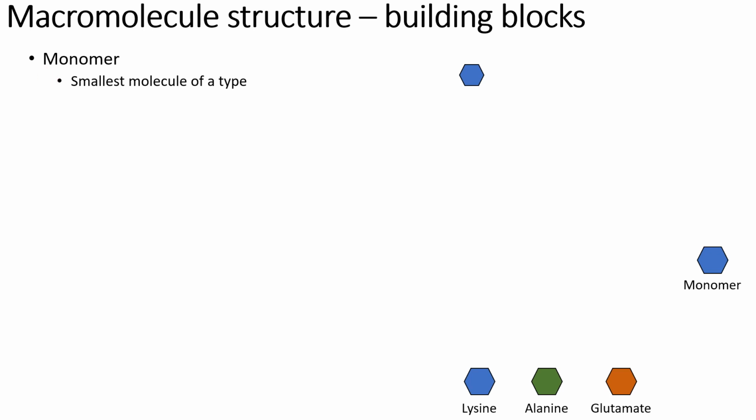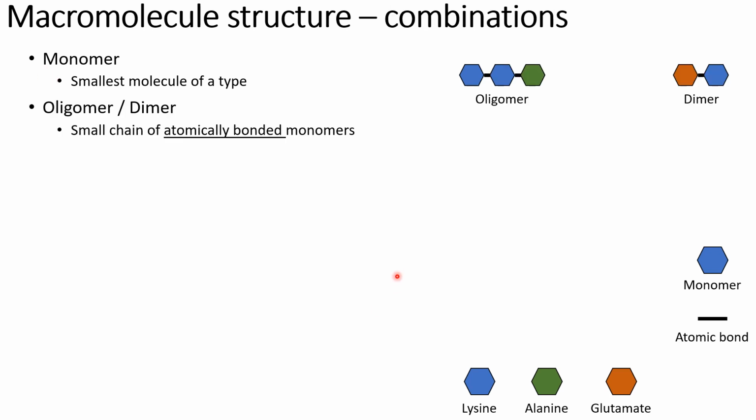As these building blocks are bound together via atomic bonds, represented with these solid lines, we get more complicated structures. If we have two monomers bound together, we get a dimer, and three would give us an oligomer. In this case, I'm using proteins as an example, but remember, you can also think about this in terms of sugars.